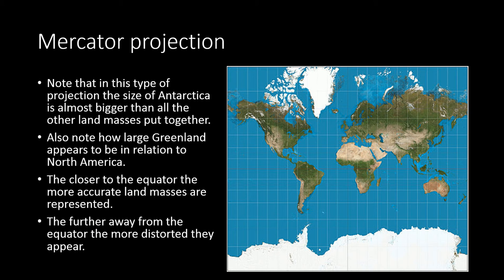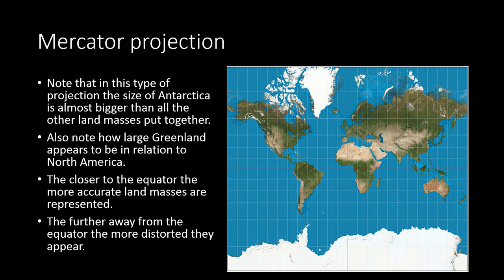Greenland is bigger than the United States in this map. And again, you have to remember the purpose of this map. The purpose of this projection system was to be able to follow what's called a rhumb line. And no, it's not spelled R-U-M, it's R-H-U-M-B, across the surfaces of the oceans.